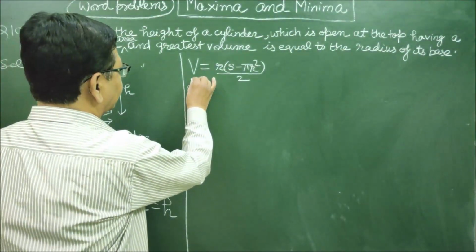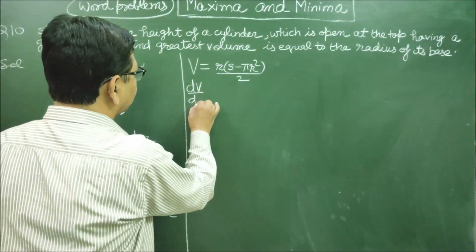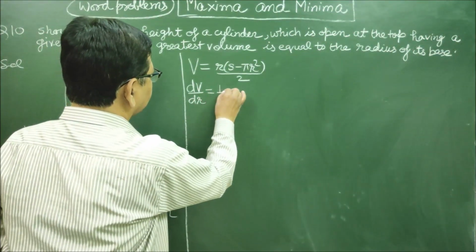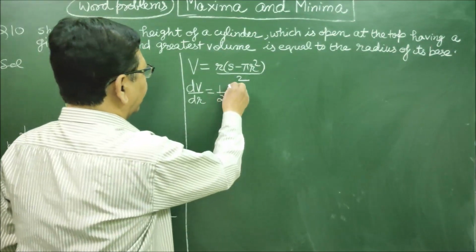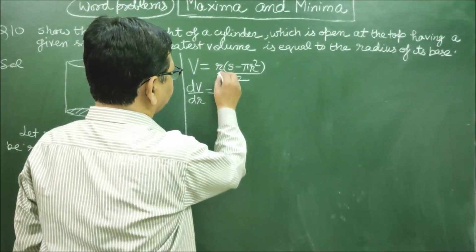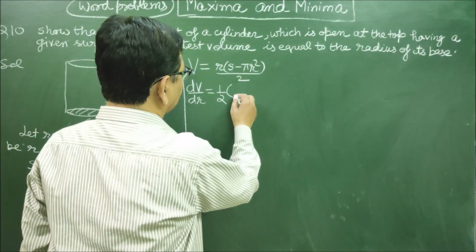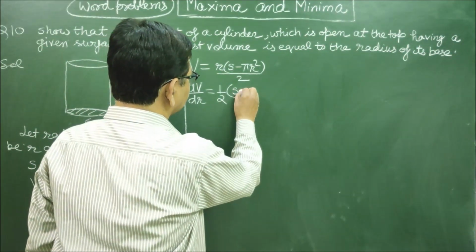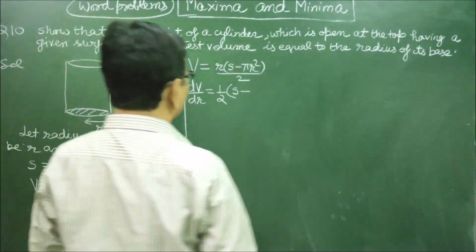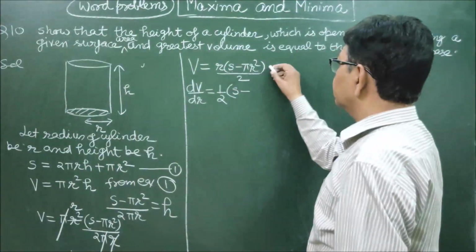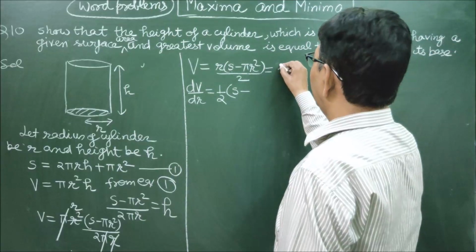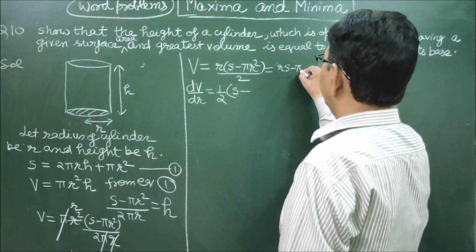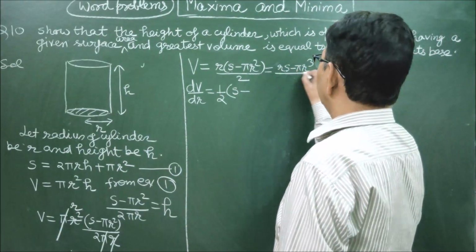So let us differentiate this function with respect to r. So let us find dV over dr. dV over dr will be equal to 1 by 2, and the derivative of rS is S, minus the derivative of pi r cube, so we can write this as rS minus pi r cube upon 2.